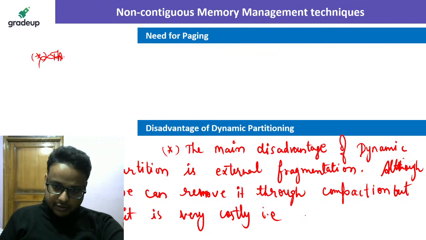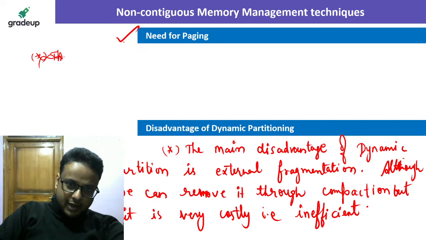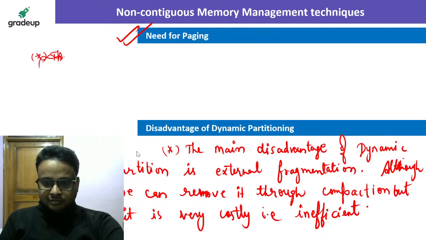Moving all the processes is very inefficient, that is why we need paging. Why we need non-contiguous paging, I will tell you how to do this.